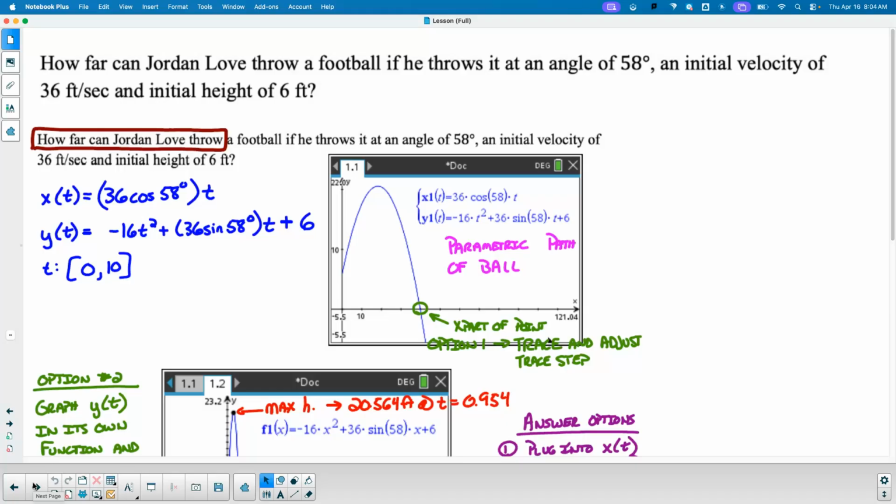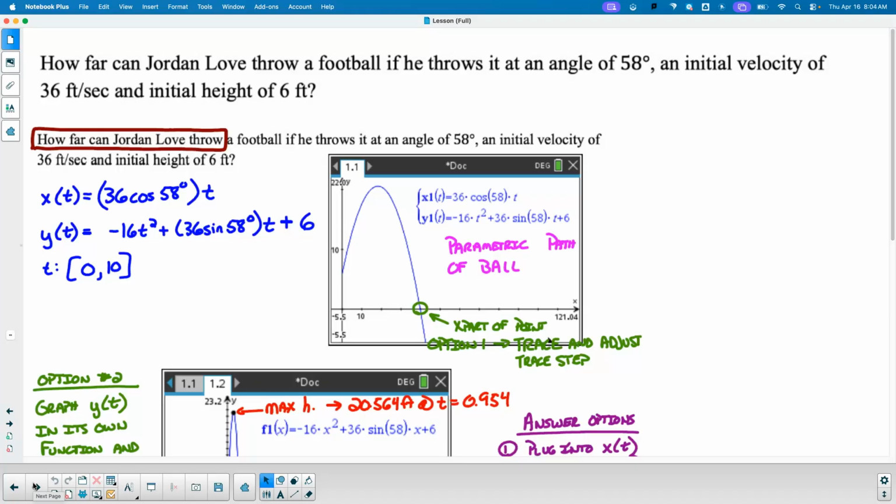Then we graphed that parametric equation to find the parametric path of the ball. We determined that we needed to find the x part of the point. Option number one was we could trace, and we'd have to adjust that trace step to get as close as we can. But then we decided that's not really going to be exact for us.